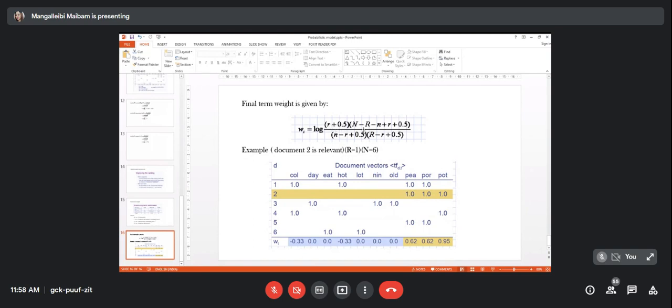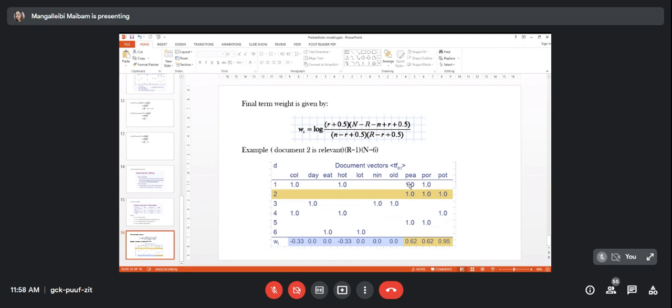So 1 plus 0.5, N will be 6. 6 minus 1, since N is 6 and R is 1. And this small n, I'm going to count for P in the documents. So P in the documents, how many times is it there?